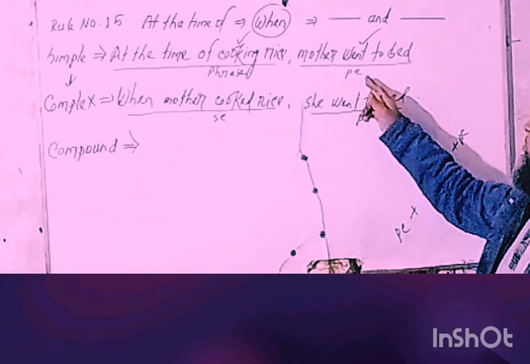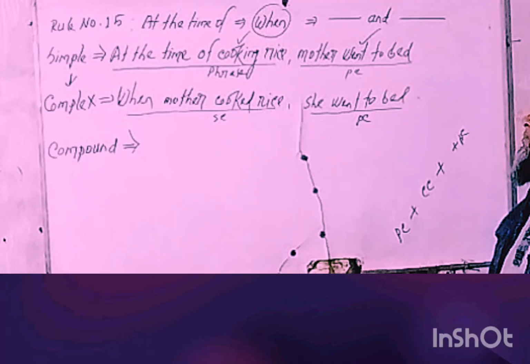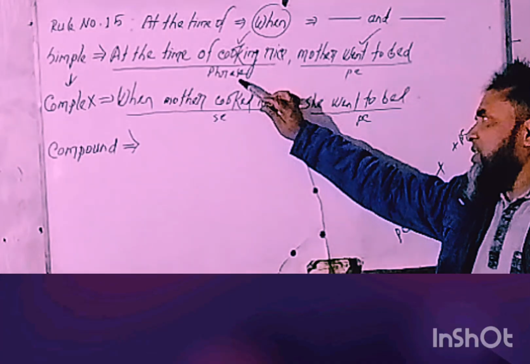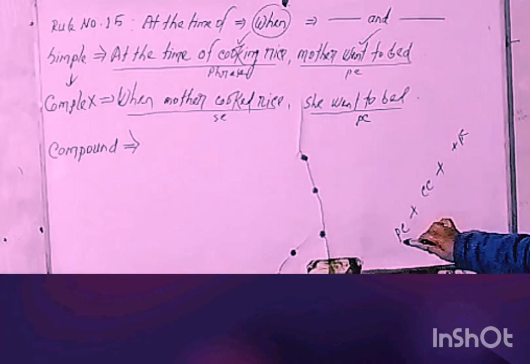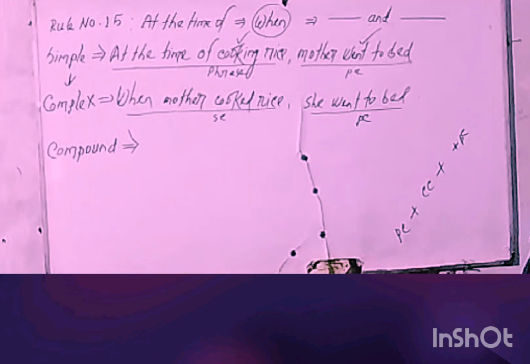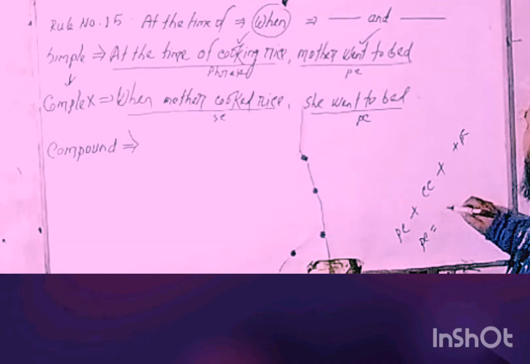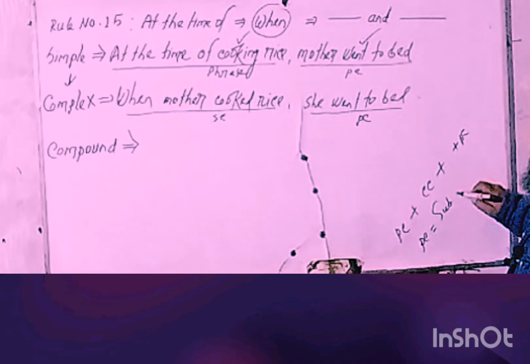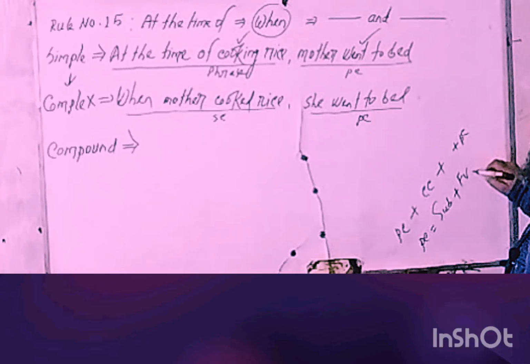Already there is a principal clause in the sentence, but you'll have to change the phrase into a principal clause. Hope that you have understood clearly, but you will have to mind how you will form a principal clause. The precondition of a principal clause is that at first you have to use a subject, then a finite verb, then an extension.